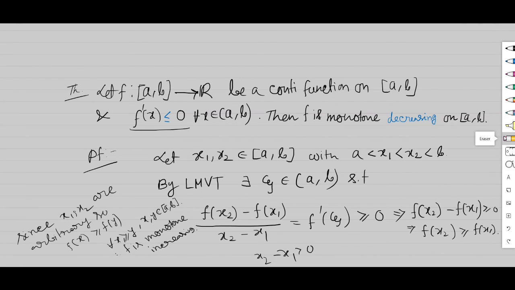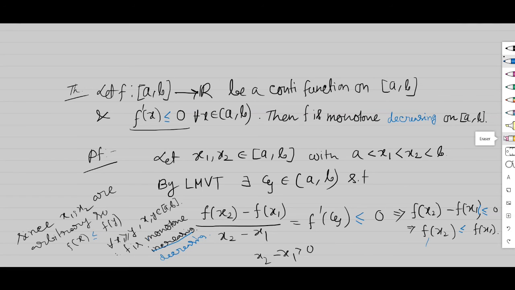So here the signs are changed, and only the inequality is reversed, and f is decreasing.